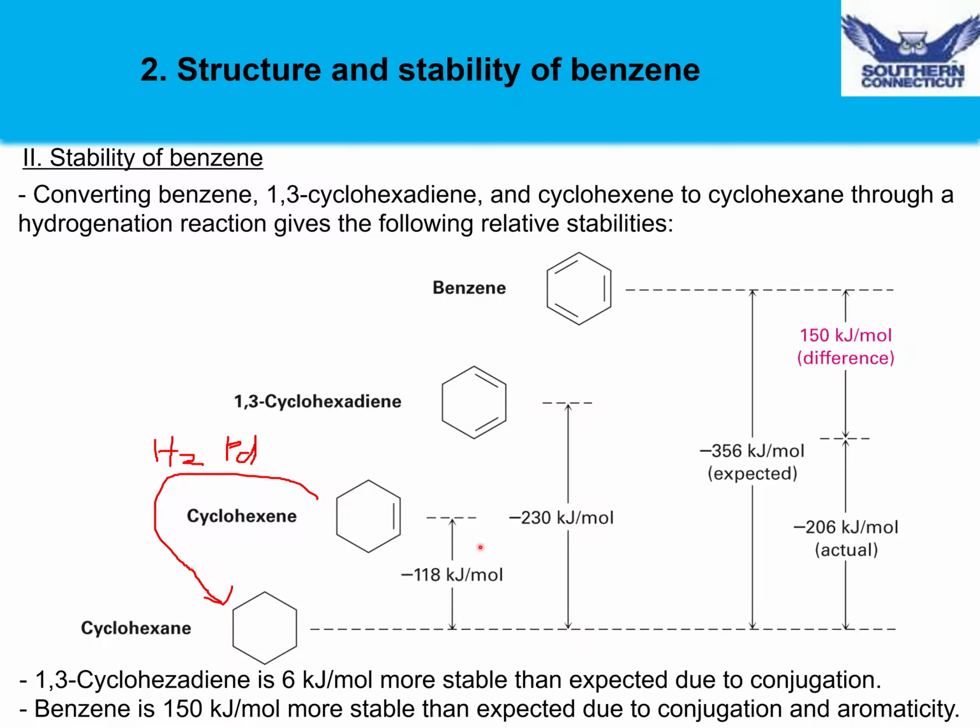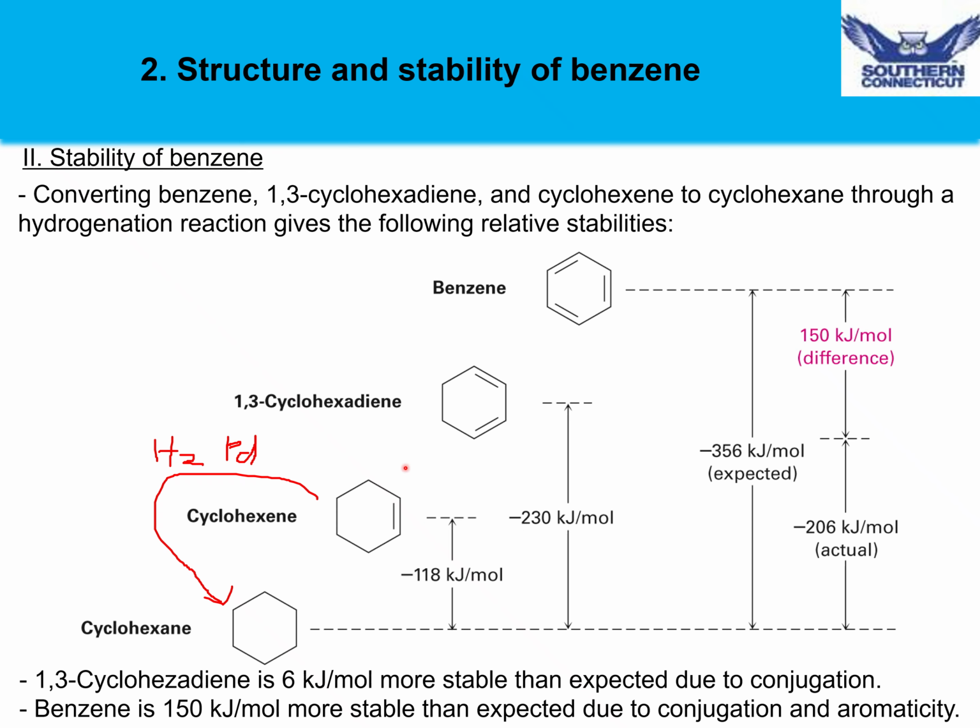In other words, if we double this value, which is the energy release from the hydrogenation of a single bond, we should be able to approximate how much energy should be released from the hydrogenation of two double bonds in this diene. When we do this experiment, we have found that the reaction actually leads to only 230 kilojoules per mole of energy being released.